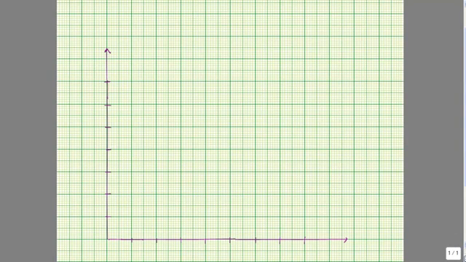So we're plotting our graph and we're told to use a scale of 2 centimeters to 1 unit on the x-axis, which means that every 2 centimeters we're going to go up by 1 second. The first 2 centimeter mark is 1 second, then 2 seconds, 3, 4, 5, 6, 7, 8 seconds respectively. And we label our axis, time, and the units of seconds.